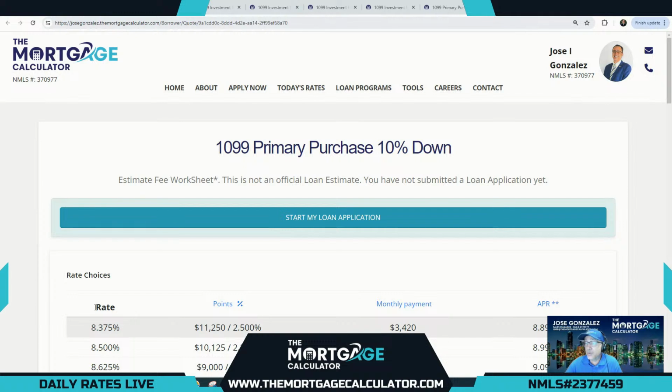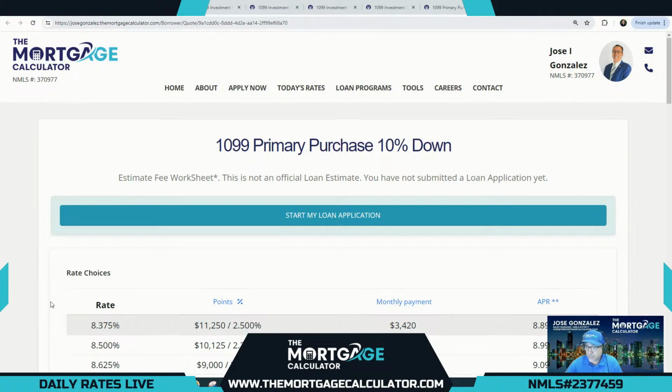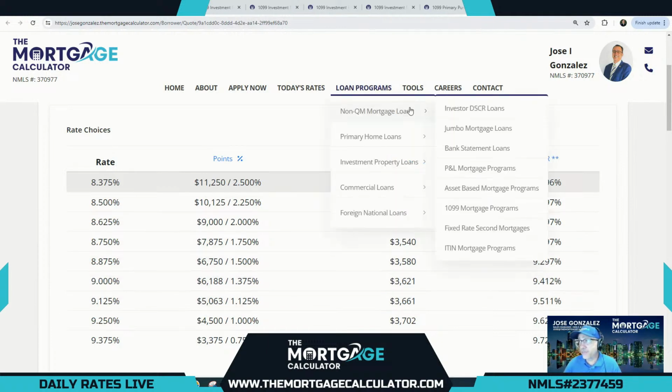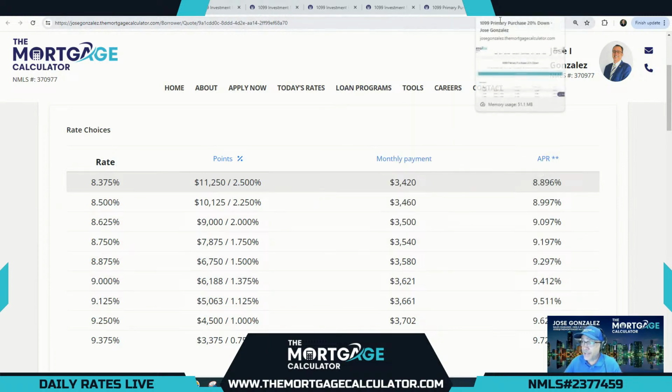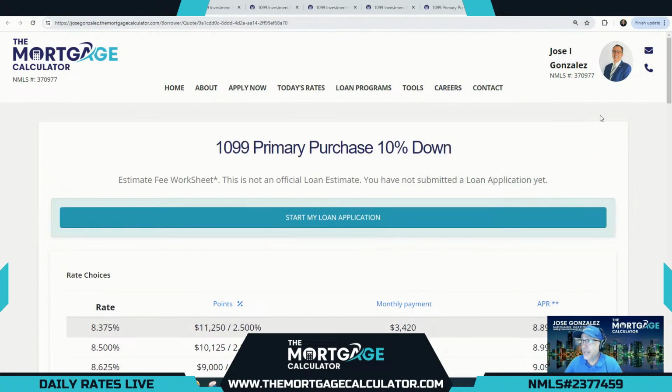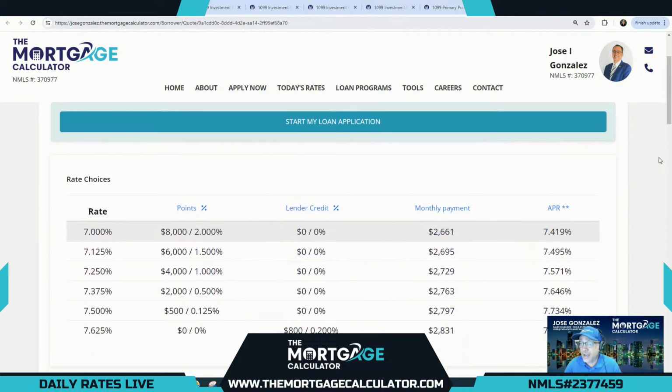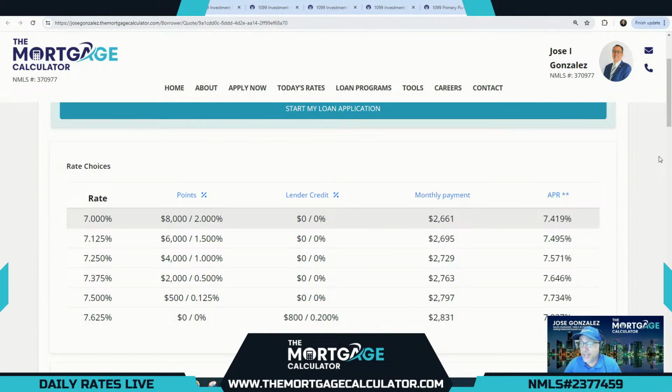So our first option here with only 10% down, 9.375 is our lowest cost option, and you can buy the rate down all the way to 8.375%. And this is at the maximum 90% LTV, 10% down. So now at the more standard 80% LTV or 20% down, look at how much better the rates get.